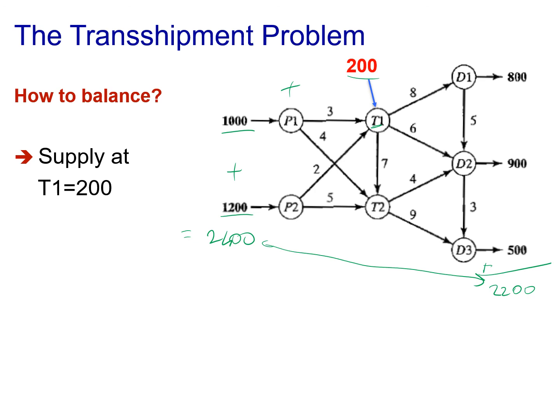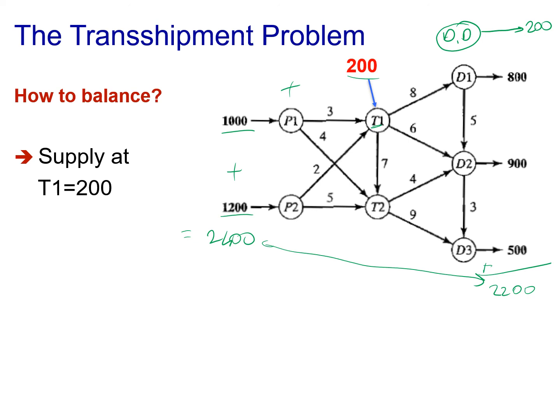And in order to balance it, similar to the previous case, I need to add this dummy demand point. And the demand at this dummy demand will be equal to the difference. And then, which nodes should I connect to this dummy demand? Again, let me repeat.